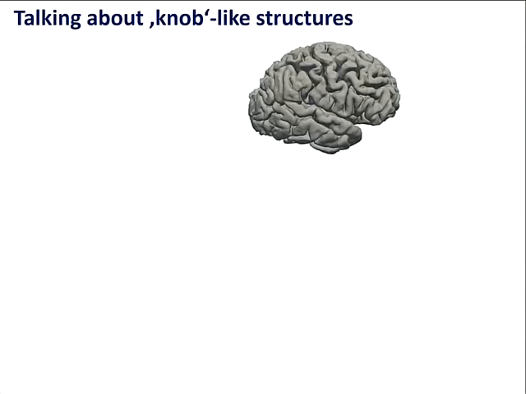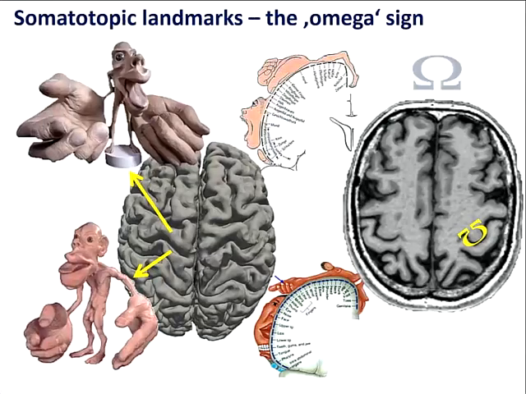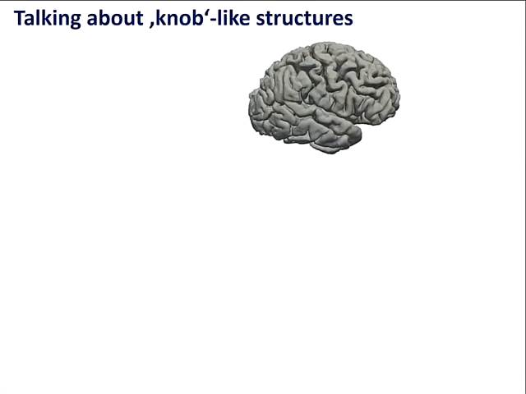The funny thing is that although we would like to talk about the central sulcus, I'm coming back to that again in a second, I would like to show you that something which looks like an omega is also visible in another part of the brain, but it is obviously not the hand region of the somatosensory system. If we zoom in here from the lateral view, here is the central sulcus again, here would be the hand region, this part.